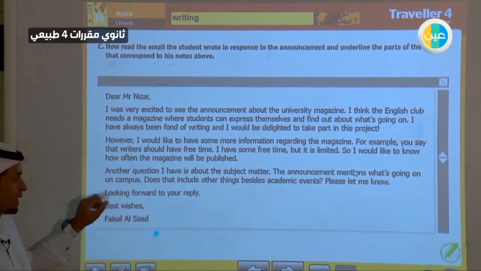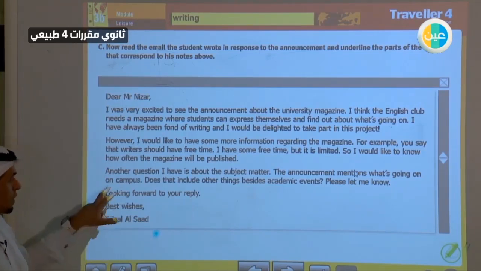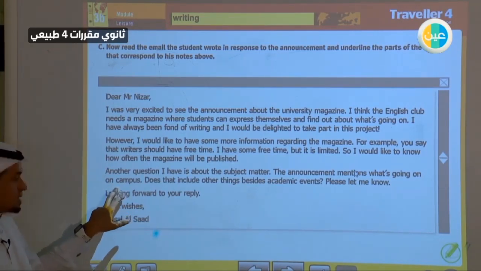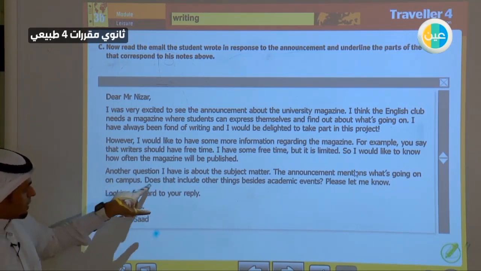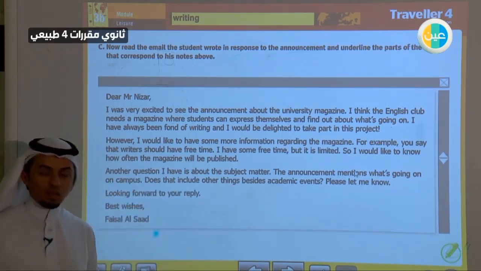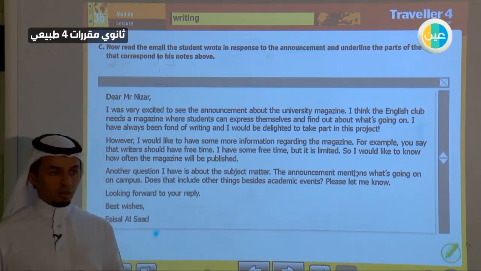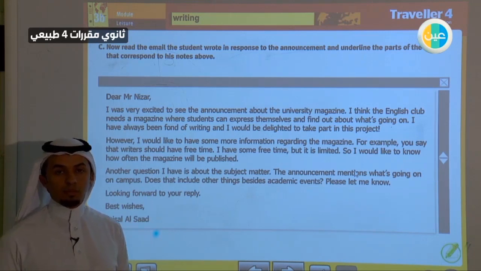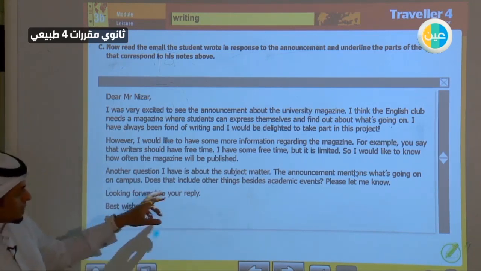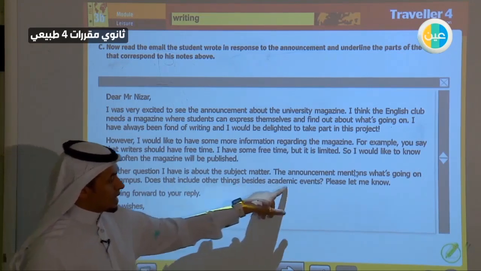What's written in the announcement is what they will write about what's going on in the university. Does that include other things? Does that include events, ceremonies, or board meetings? Does that include other things besides academic events?